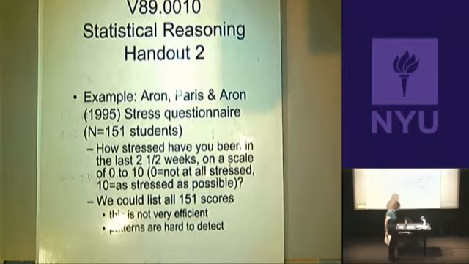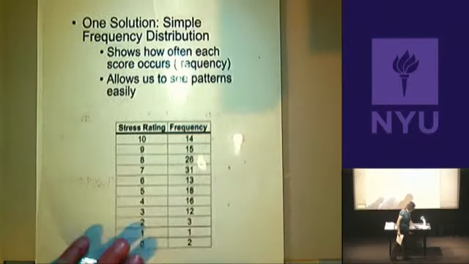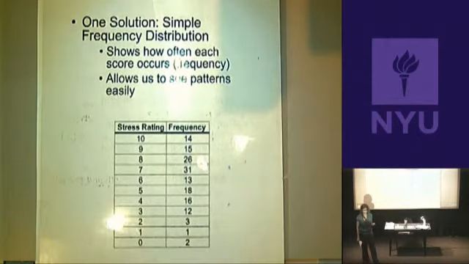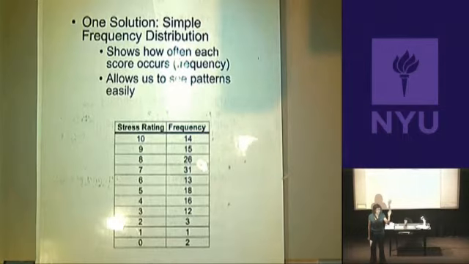So what do we do? Well, there are various simple things to do. First, we're going to talk about putting things in what we call a frequency distribution. And I know a lot of you have done various things like this already, so I may go a little quickly. Slow me down if you want. When we talk about distributions, we mean listings of scores. And again, score is generic here. It could be heights, weights, reaction times, IQ scores, whatever.